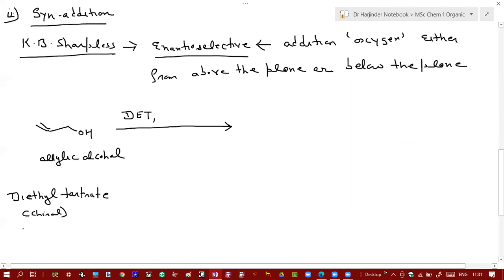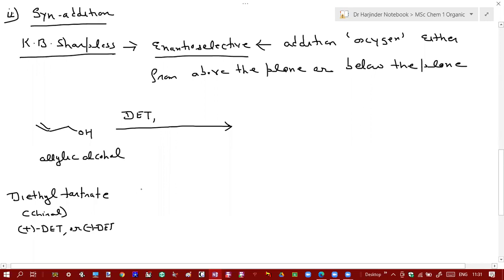That means you can use either plus diethyl tartrate or minus diethyl tartrate. This plus and minus represents the direction of rotation of plane polarized light. If it rotates in a clockwise direction, it is a plus sign. If it rotates in an anti-clockwise direction, it is a minus sign. So you can use either plus DET or minus DET.